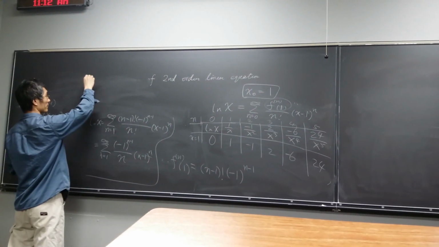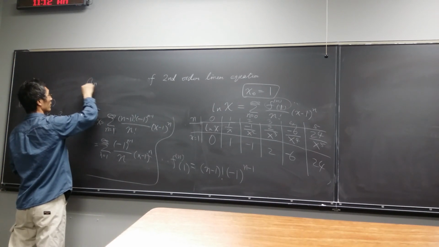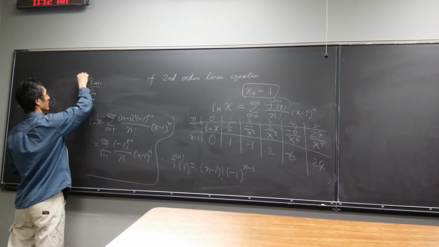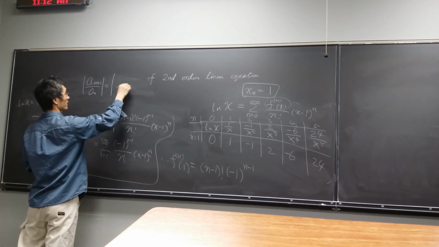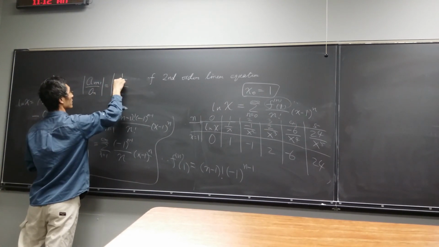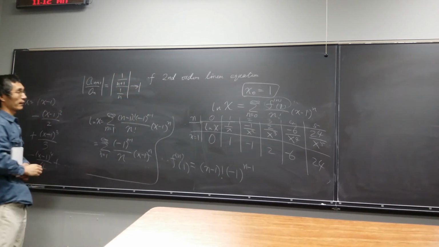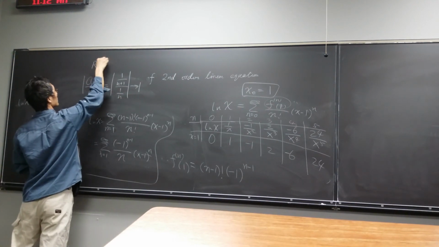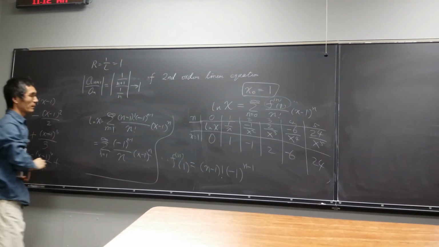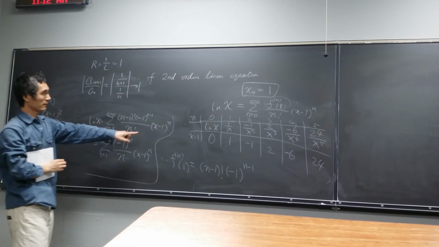You can see it's a n plus 1 over a n, and that value is the same as 1 over n plus 1 down there, and you flip it, it still converges to 1. So L equals 1, and that's L, so R also equals 1. So the radius of convergence is 1. But don't forget that the center is not 0 anymore. Where is the center?